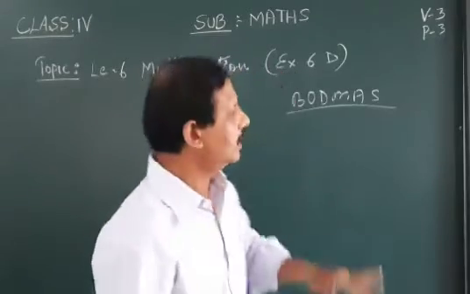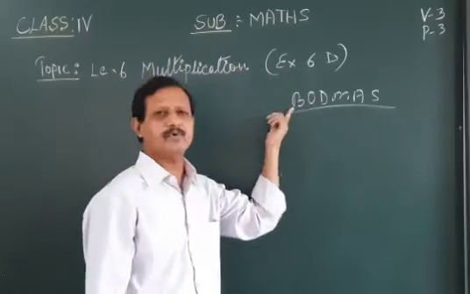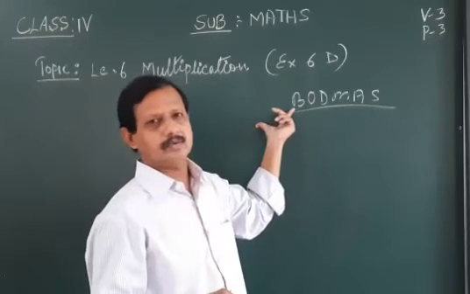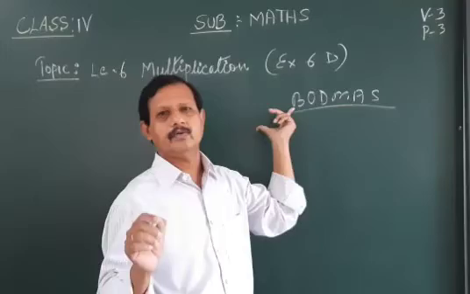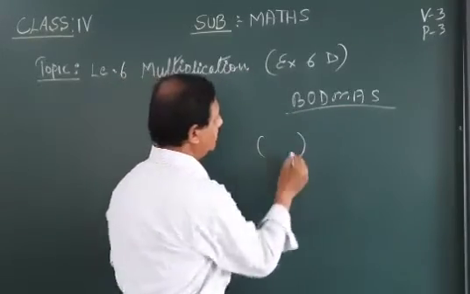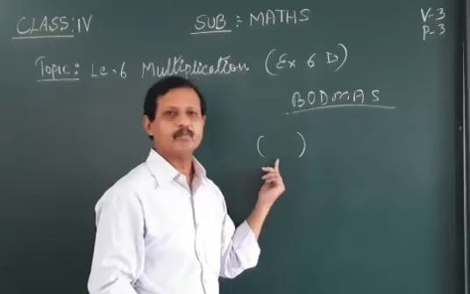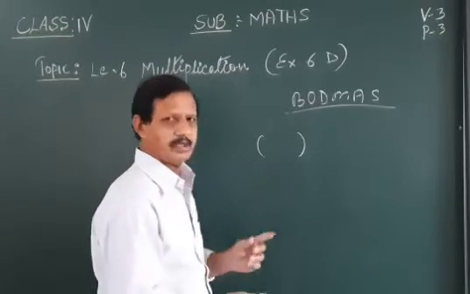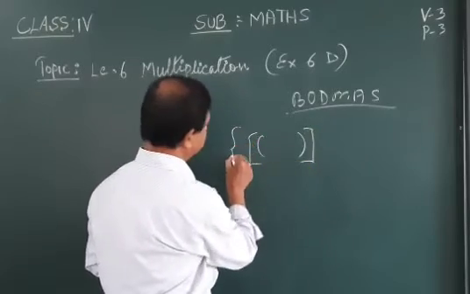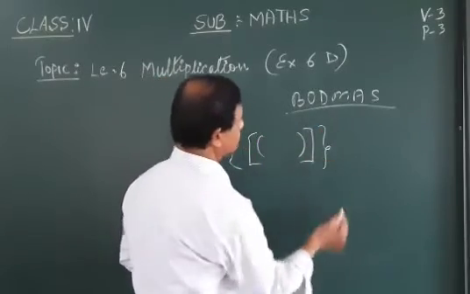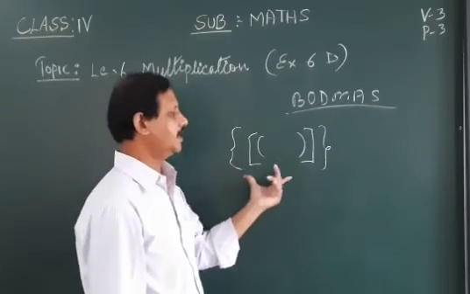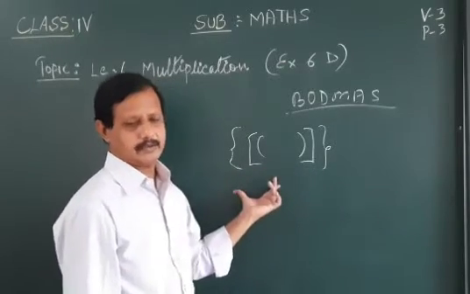And what is the meaning of BODMAS? First of all you have to solve the given functions inside the bracket. You know there are three types of bracket: round bracket, square bracket, and curly bracket.